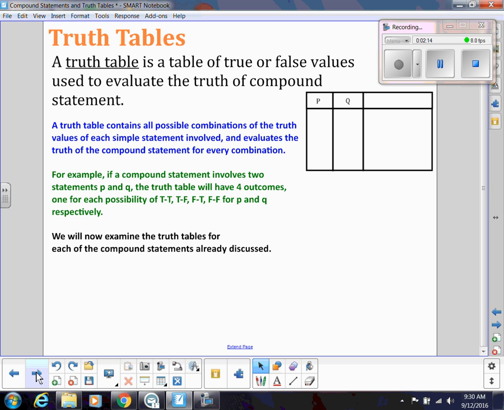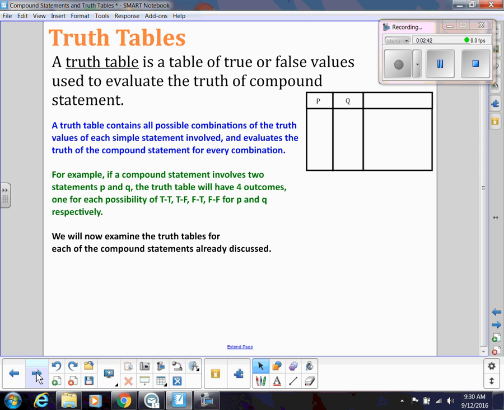The truth table contains all possible combinations of the truth values of each simple statement, and then evaluates the truth of the compound statement for every combination. For example, if a compound statement involves two statements P and Q, the truth table will have 4 outcomes. We'll talk about those outcomes in just a minute, and then we're going to use these to help us evaluate some compound statements that we've already discussed.